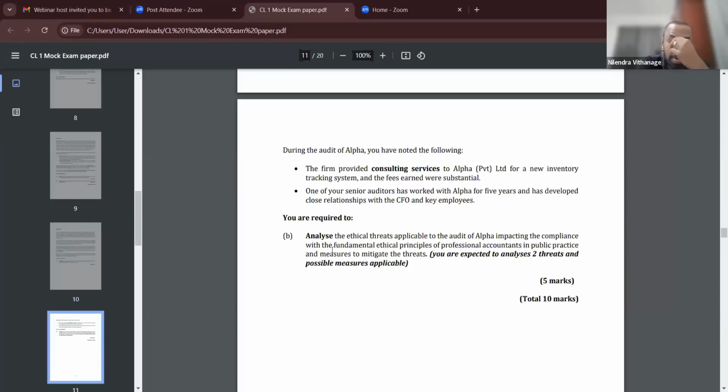The fees earned was substantial. One of your senior auditors has worked with Alpha for 5 years and has developed close relationship with the CFO and key employees. What are the threats there?